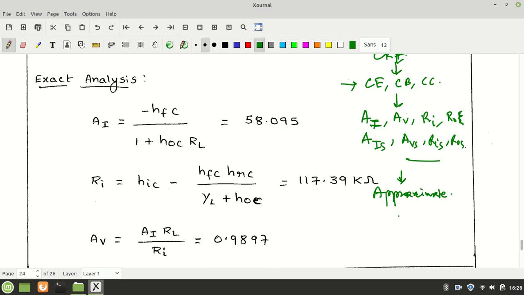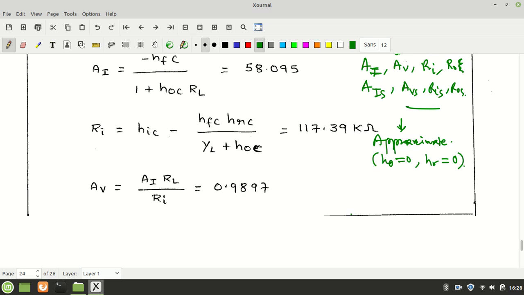In this model HO is taken as 0 as well as the reverse voltage gain is taken as 0. So the circuit will be simpler, and the same quantities are again evaluated using the approximate model, but using only the CE mode. Just consider only one mode.